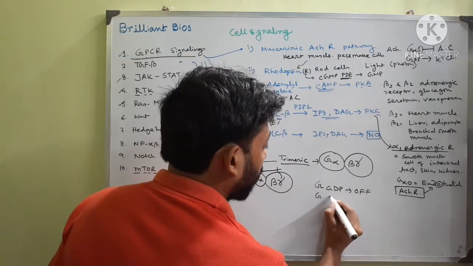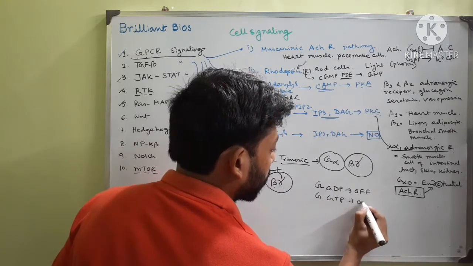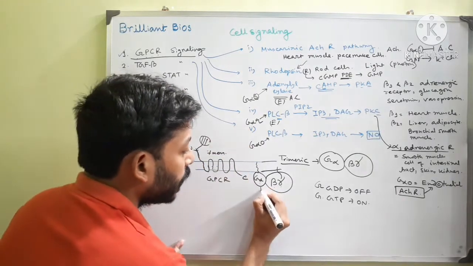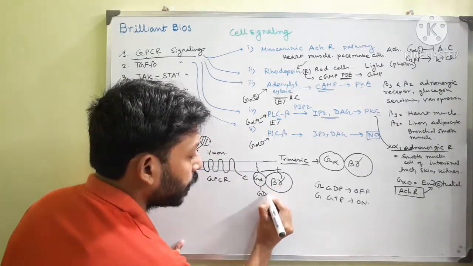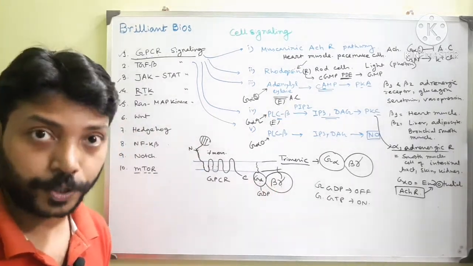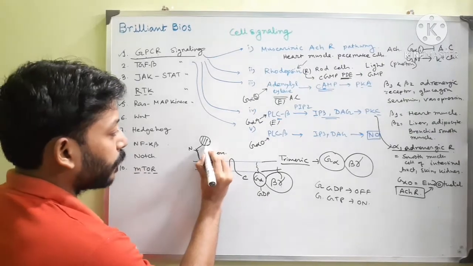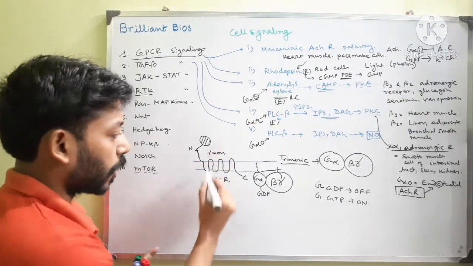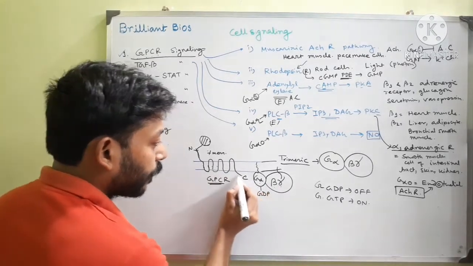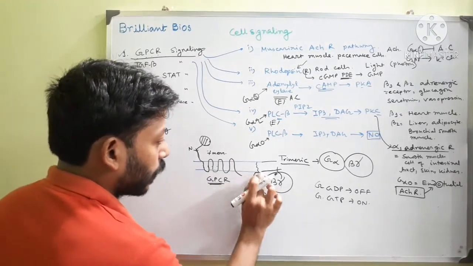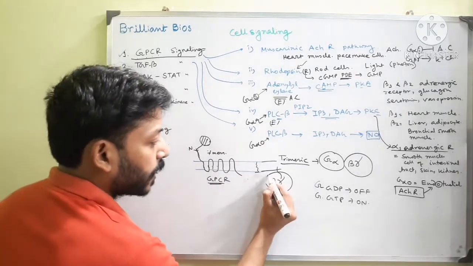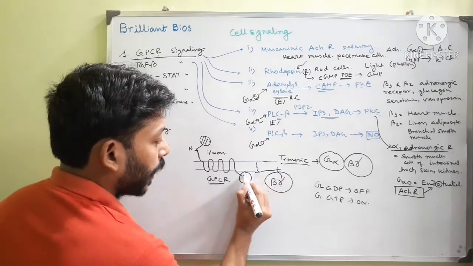When a G protein is associated with GTP, it is in the on state. When there is no ligand, the G alpha protein is associated with GDP. In that situation, it is associated with the beta gamma subunit. But when the ligand binds with the G protein coupled receptor, a structural change occurs so that the G alpha protein can bind with this receptor. So now the G alpha protein will move from this beta gamma portion to this receptor and bind with it.